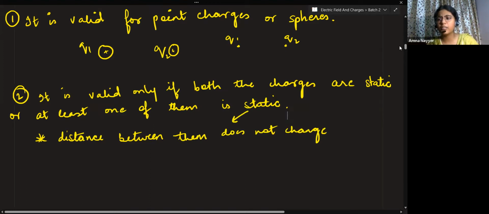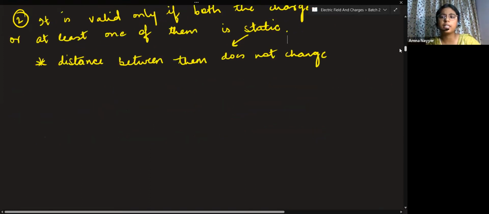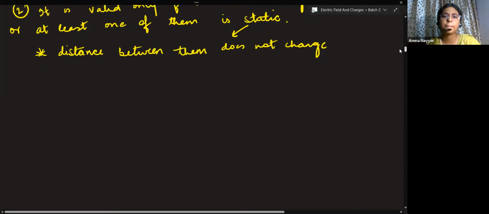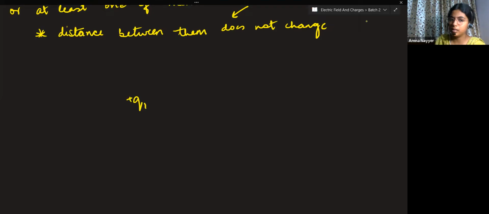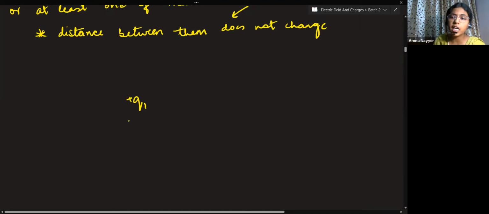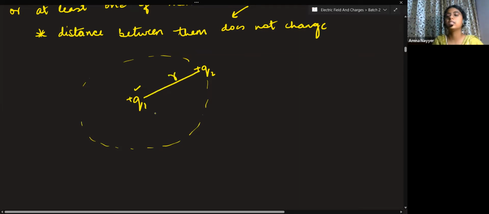Like if I give you a very small example: if this is a charge plus Q1 and another plus charge Q2 is there, which is not static. This one is static. This is not static. It is moving around this charge in a circle, covering a circular motion. So the radius of the circle should remain fixed.